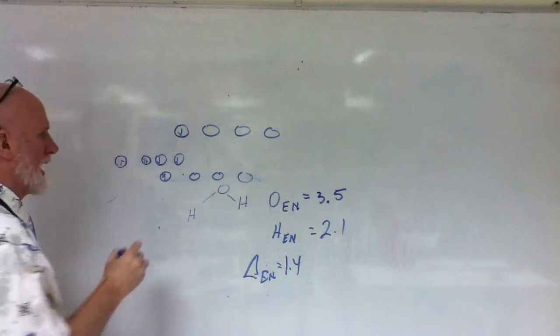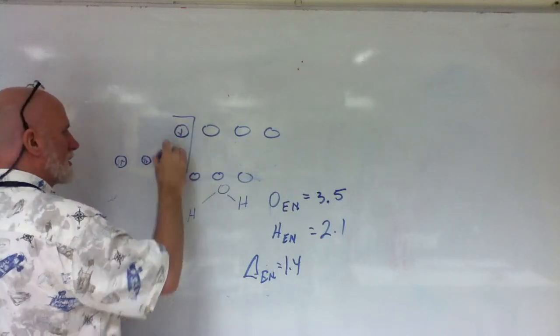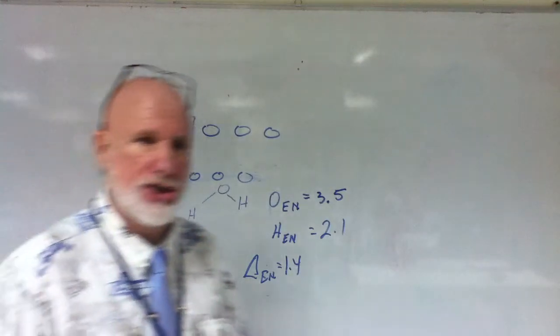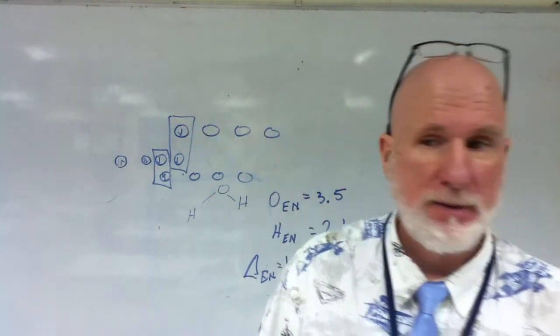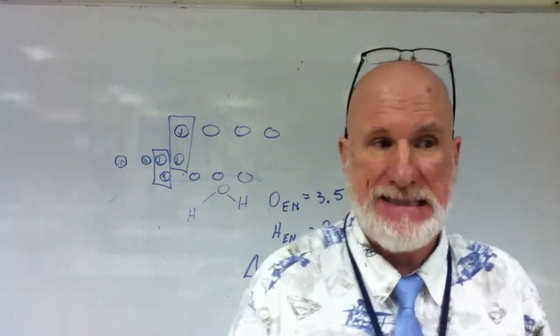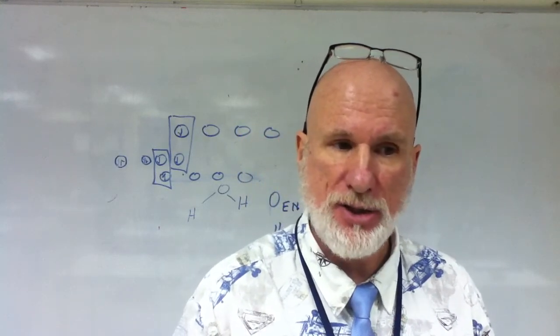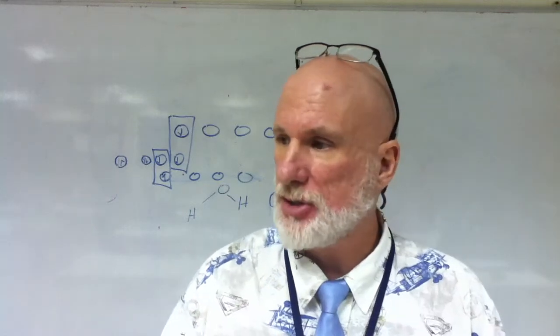What's going to happen is this is going to go with this, and this is going to go with this. They're going to share. Now, that's bonding. That's the next chapter. And Fabiana asks, how do you know if a bond is covalent?